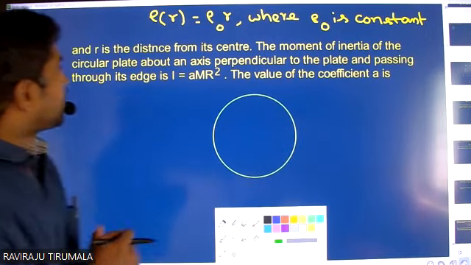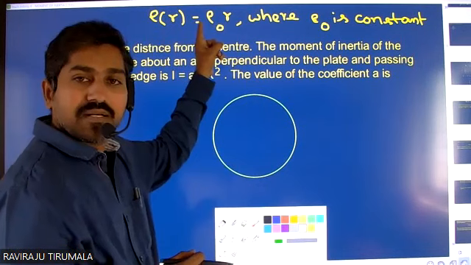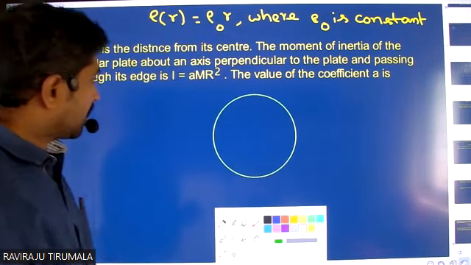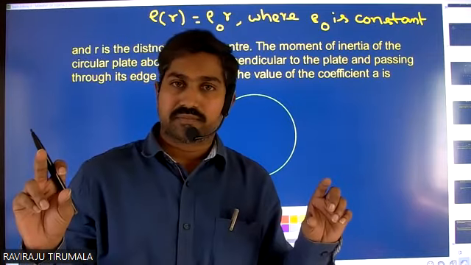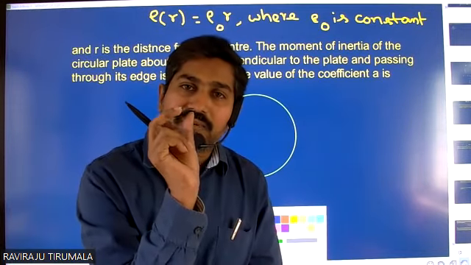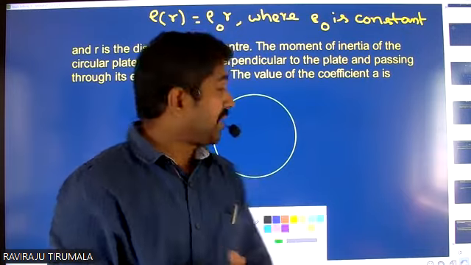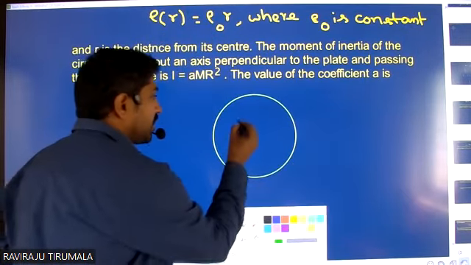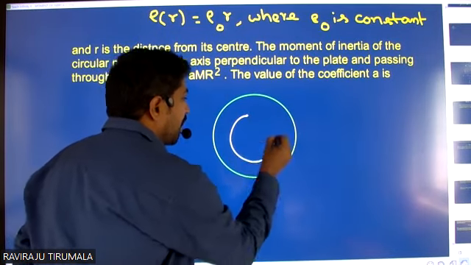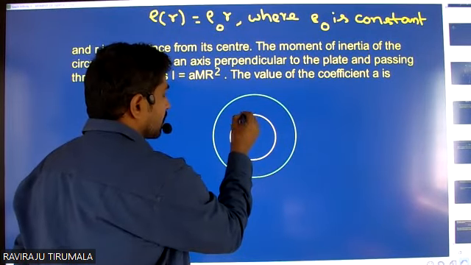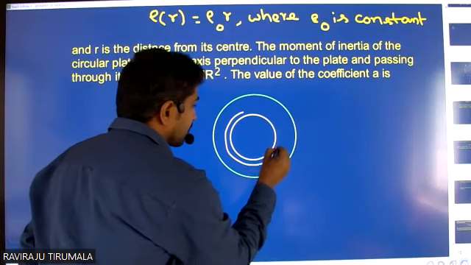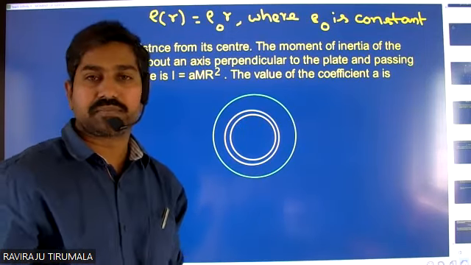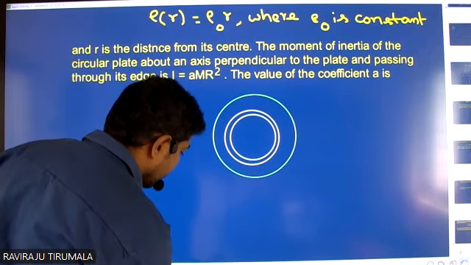But now a small element is to be taken to calculate the moment of inertia of variable density. Na? So if a rod is taken, a small element of length we can consider. But if a disc is taken, the small element you have to consider is nothing but a ring element only. It is a ring element here.